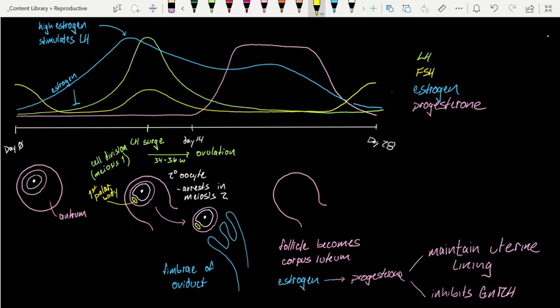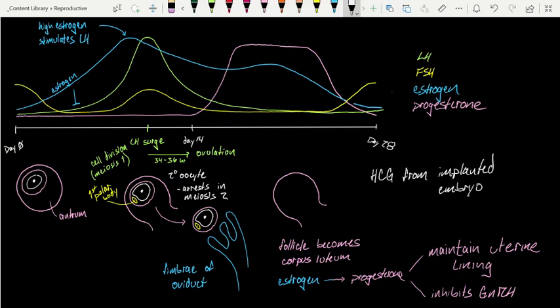Now, what about pregnancy? What if an implantation occurs? If there's a successful implantation, a ball of cells called a blastocyst will have already differentiated into an inner cell mass and an outer cell mass called a trophoblast, which will become placenta. The trophoblast starts to secrete HCG, human chorionic gonadotropin.